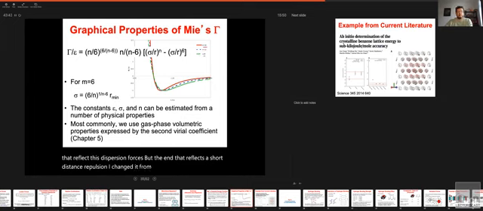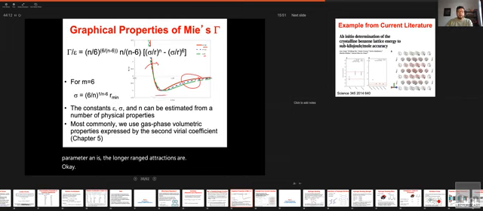And what you see is that when you increase n, you make this portion of the curve steeper, so you have stronger repulsive forces at short separations. Remember that the force is minus the derivative of the potential, so the steeper the curve is, the stronger the repulsive force will be. At large separations, the smaller the parameter n is, the longer range the attractions are. Okay?